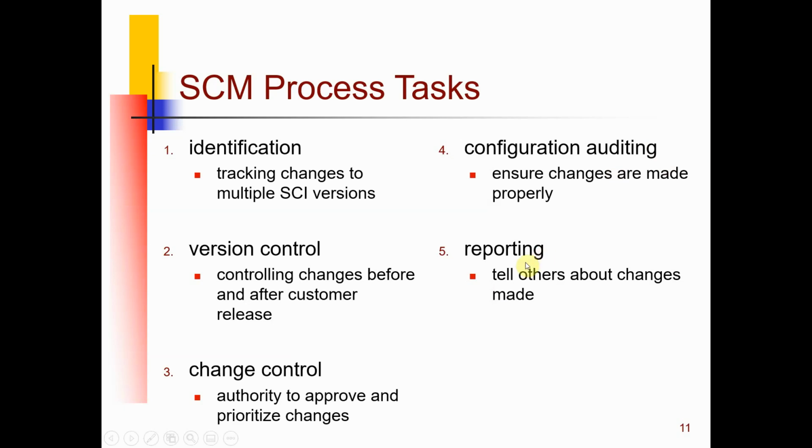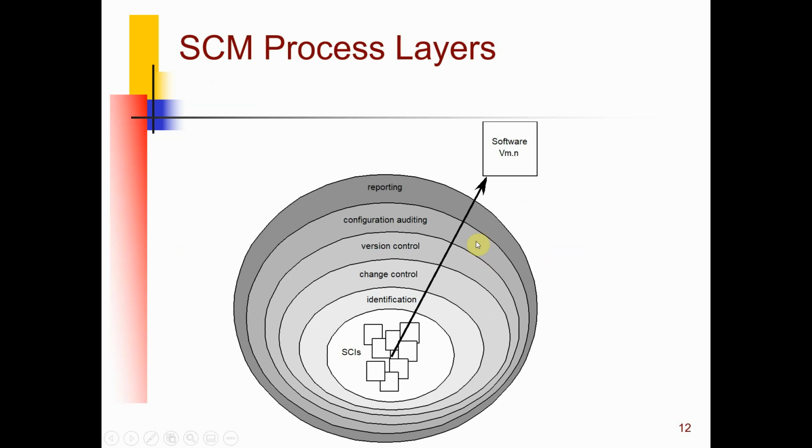And of course, in order to do that, we need reporting to keep everybody on the same page. So you will also have reporting involved. Everything targets these SCI items, these thousands of entities. We identify them and then put them under control.